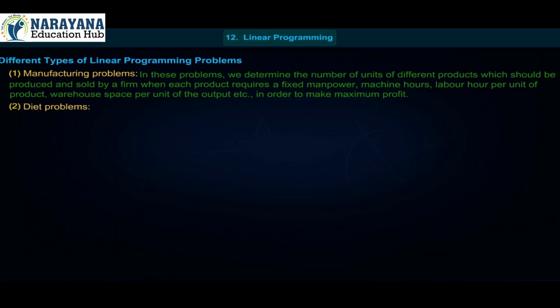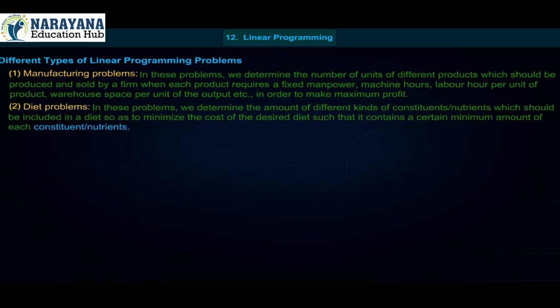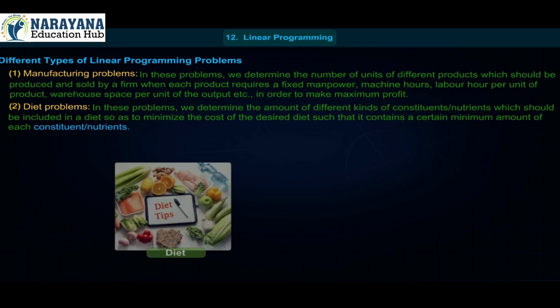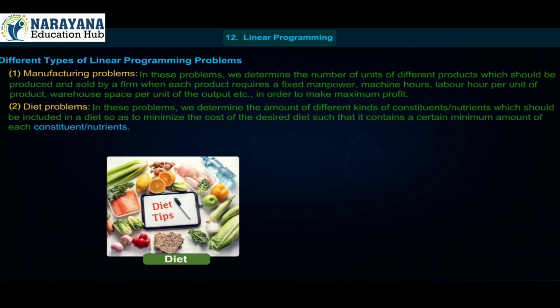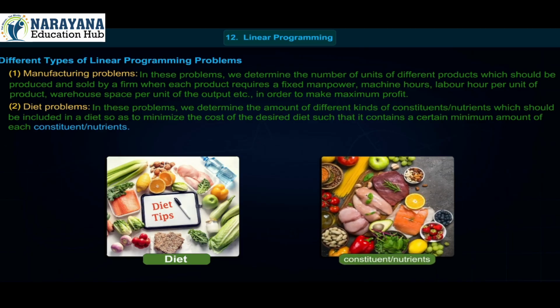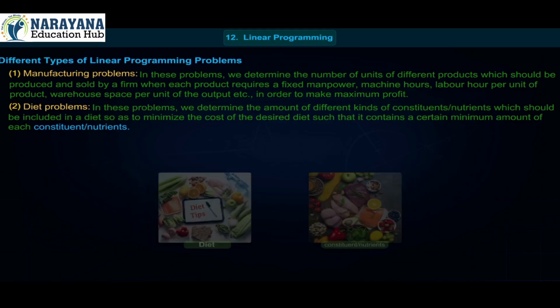Number 2. Diet problems. In these problems, we determine the amount of different kinds of constituents or nutrients which should be included in a diet so as to minimize the cost of the desired diet, such that it contains a certain minimum amount of each constituent or nutrient.